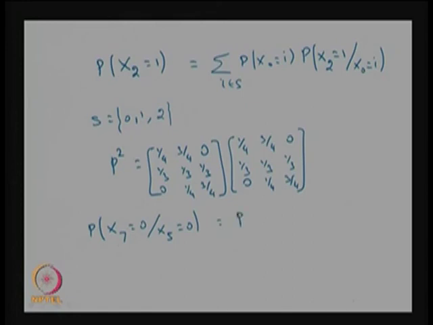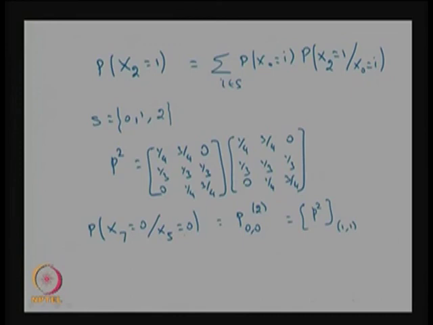That is the same as the probability of 0 to 0 in 2 steps. That means you find P square. From P square, the 0,0 element, the first row, first column element, is going to be the probability of X7 equal to 0 given that X5 equal to 0.